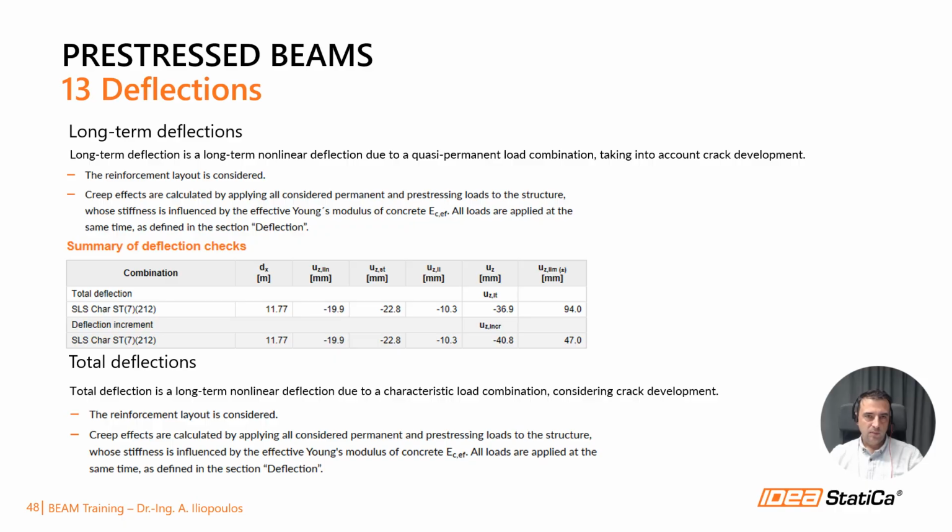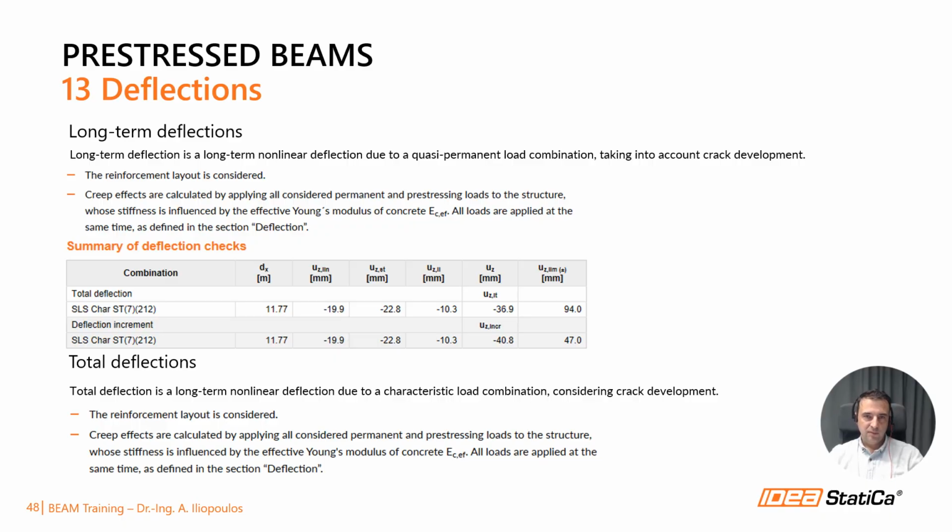The long-term deflections and the total deflections are both calculated at the end of the design life. The difference between the two of them is in the load combination. For the long-term deflection, the quasi-permanent load combination is used, and for the total deflection, the characteristic load combination is applied.